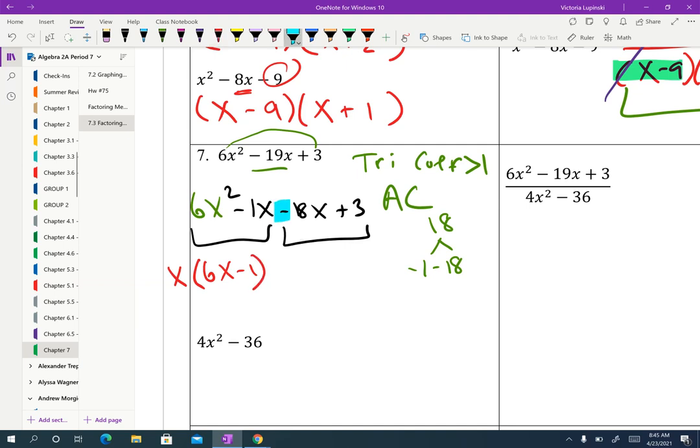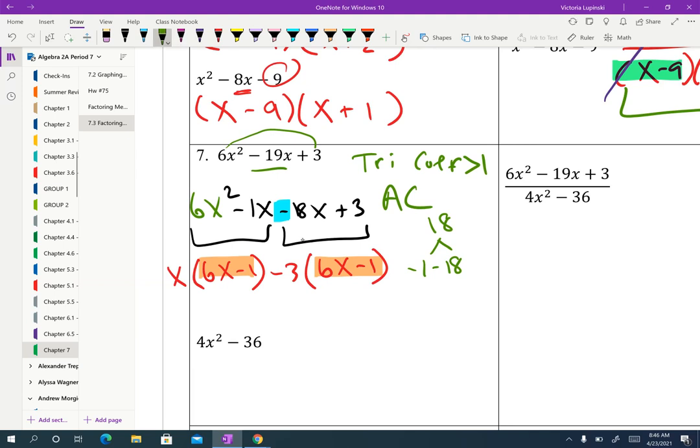When you have a negative for your third term, make sure you factor out a negative. So when in doubt, factor the negative out. So you're going to factor out a negative and then a 3. That's going to leave you with a positive 6x and a negative 1. Hopefully you remember that these guys should be the same.